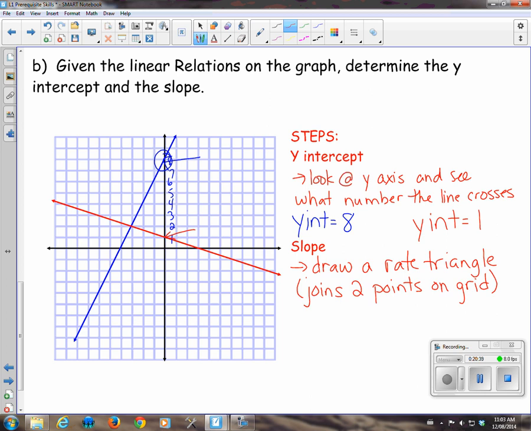So if I look at my blue line and I want to draw my rate triangle, I can make it as big or as small as I want it, but I want to make sure I join points on the grid where it crosses the grid. So there I'm rising, and there I'm running. So my rise and my run.